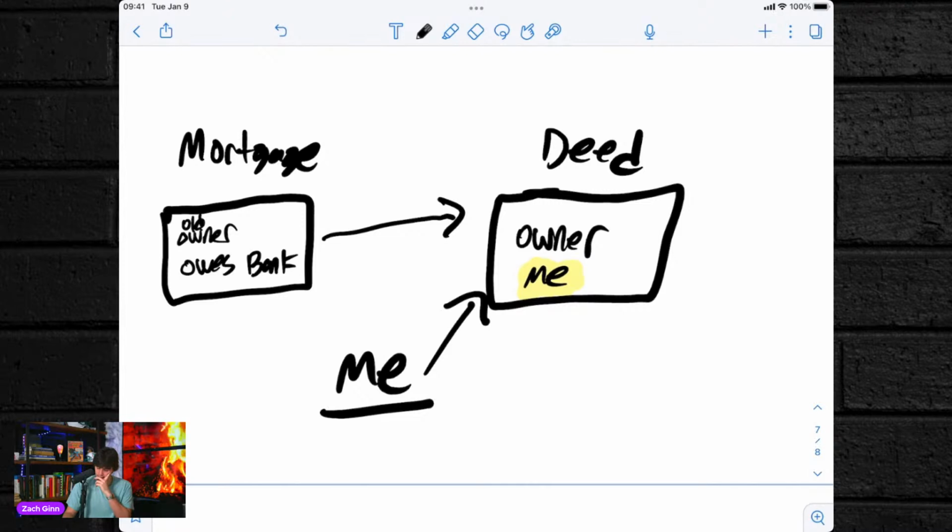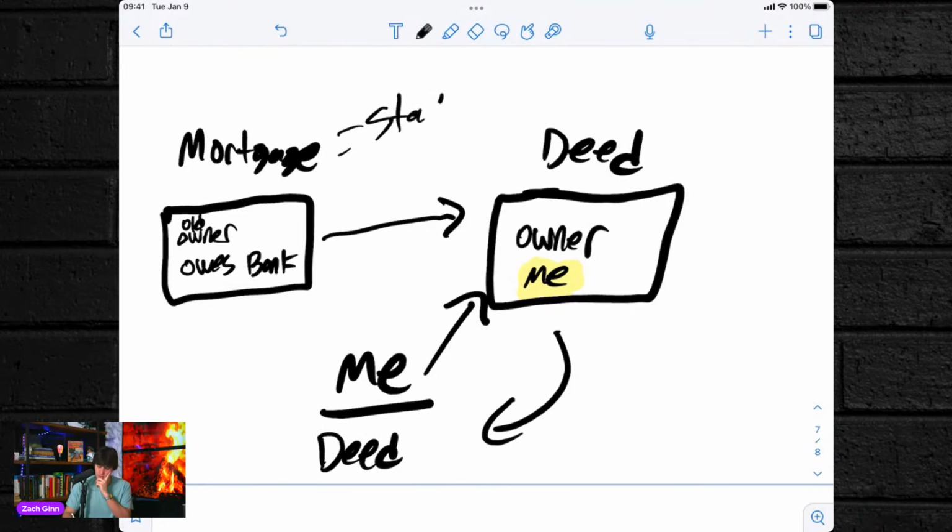All right. And so I get the deed and the mortgage stays with the old owner. Now there's land trusts, there's other things around that. I don't want to complicate it right now, but there are ways around this. But this is basically what it is.